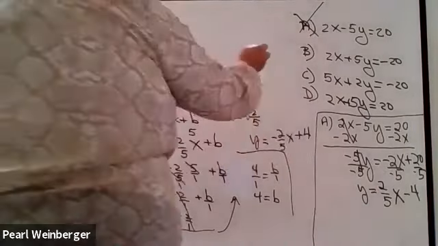Choice B is 2x plus 5y equals negative 20. Okay, I'm going to again want to bring the x's to the other side, so that's minus 2x. So it gives me 5y equals negative 2x minus 20.